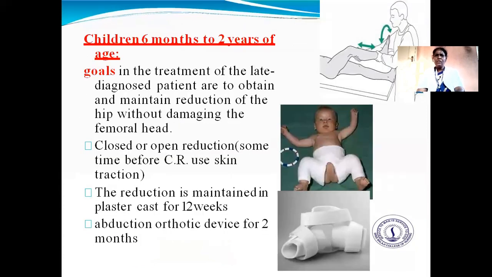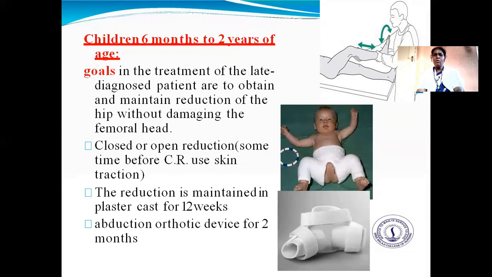In children 6 months to 2 years of age, the goal of the treatment is to obtain and maintain reduction of the hip without damaging the femoral head.